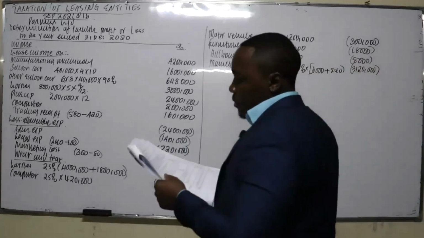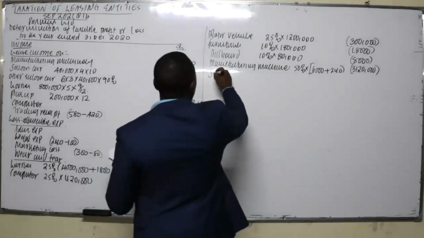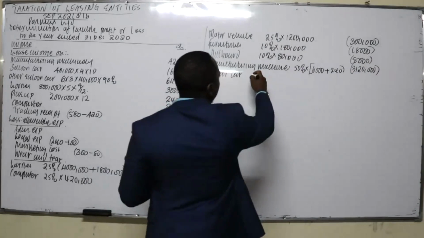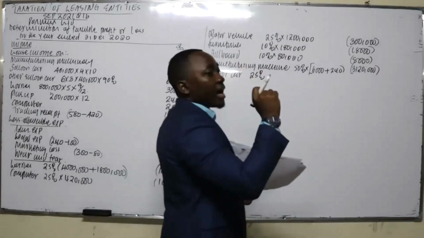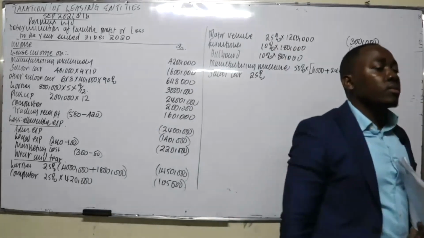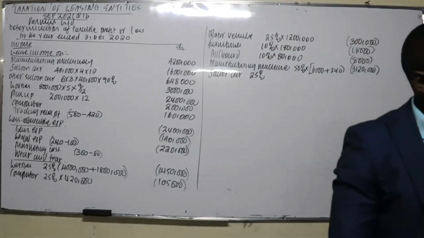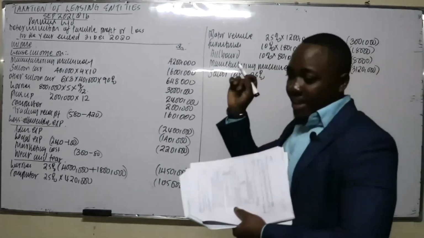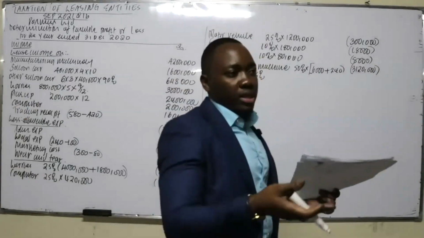Then also there was purchase of 2 saloon cars, each at 2.1, at the rate of 25%. Then a saloon car is a non-commercial vehicle. It will be restricted to a maximum of how much? 2 million was the old rate. Now it's 3 million. But you're told that each cost 2.1, so you're not restricting.